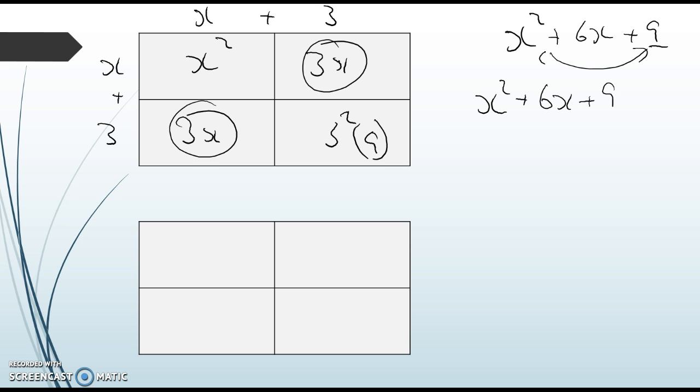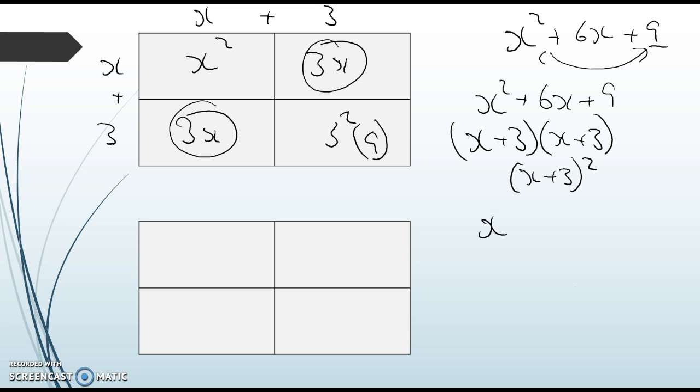So that does work. So we know that x plus 3 and x plus 3 are the factors of x squared plus 6x plus 9. And we can also write this as (x plus 3) squared. That's the same thing. Let's try it if they're both negatives as well.